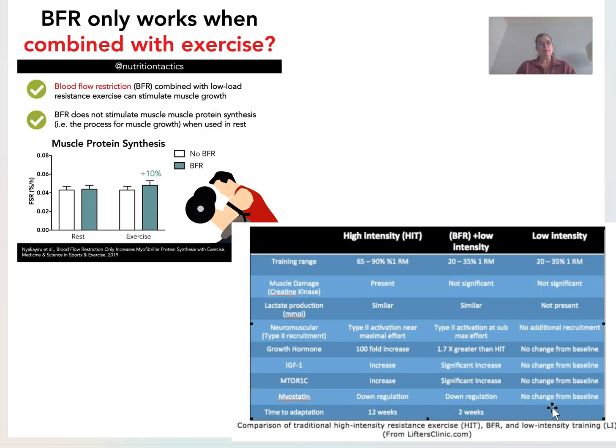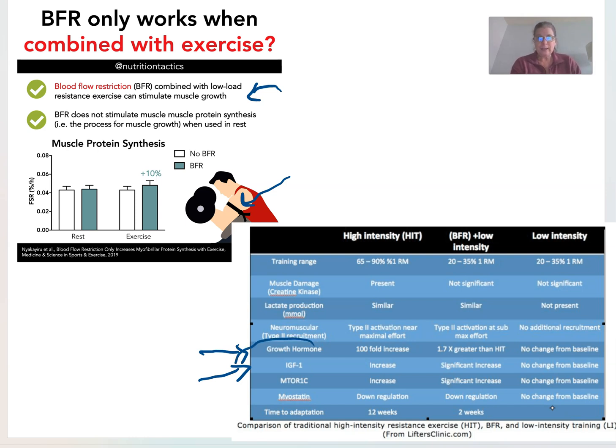Now, blood flow restriction training is basically you put a resistance band on your arm or your leg, and don't mess with this on your own because you're decreasing blood flow to the muscle. I don't know how they figured this out, but what they found is that blood flow restriction training triggers the release of growth hormone and this other growth factor.